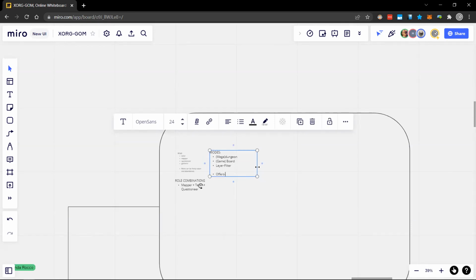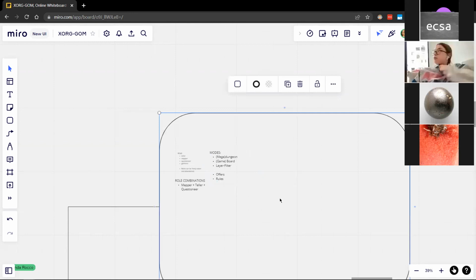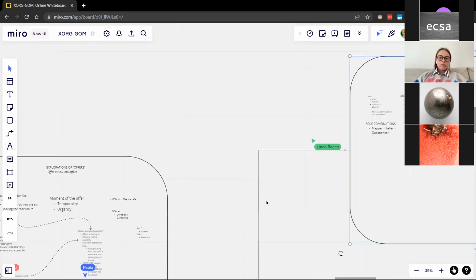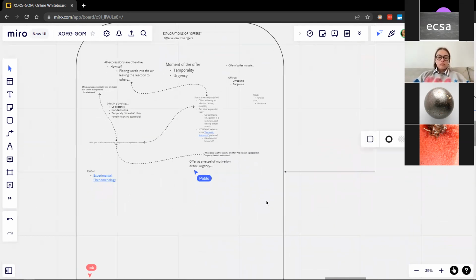Are these modes, or you wrote modes now also, or perspectives? This is the twisty part of perspectivism. In a way, one should say yes to everything you say, because if something is perspectivist, you can take it as offers, or rules, or layer filters, or game boards, or dungeons, because that's how perspectivism works. It's an any-type situation.